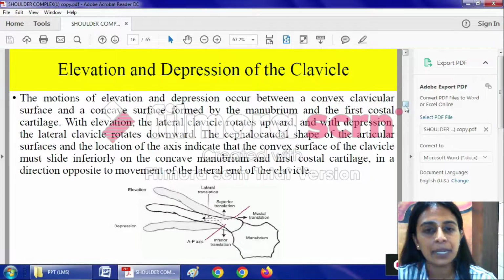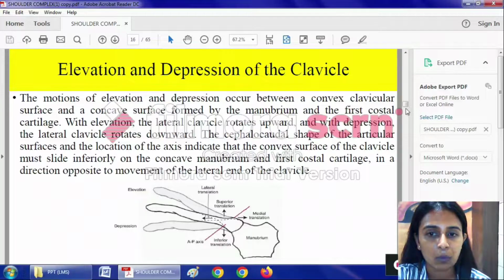Elevation and depression of the clavicle. The motion of elevation and depression occurs between a convex clavicular surface and a concave surface formed by the manubrium and the first costal cartilage. With elevation, the lateral clavicle rotates upward, and with depression, the lateral clavicle rotates downward.